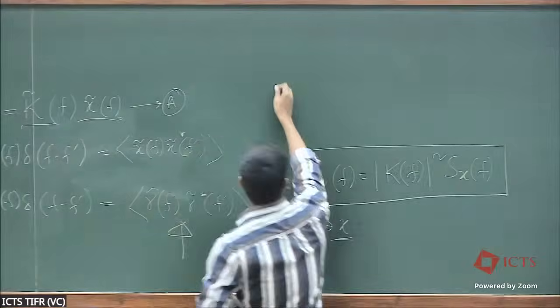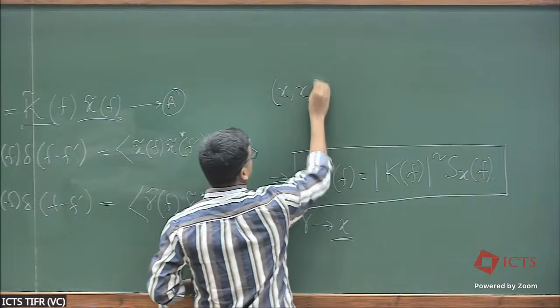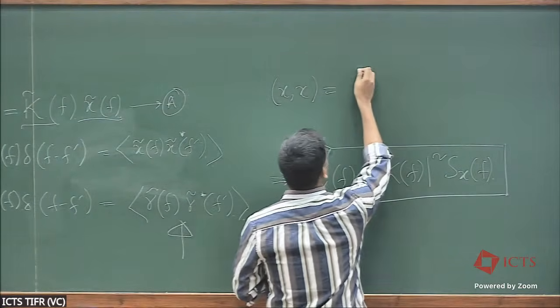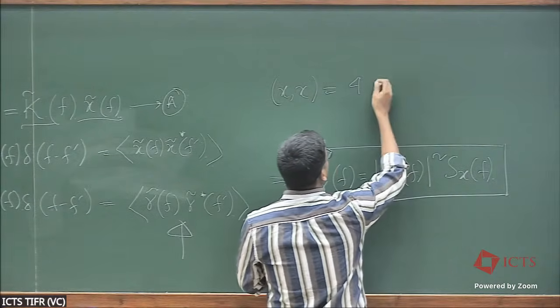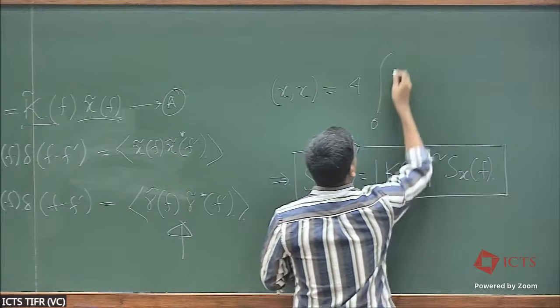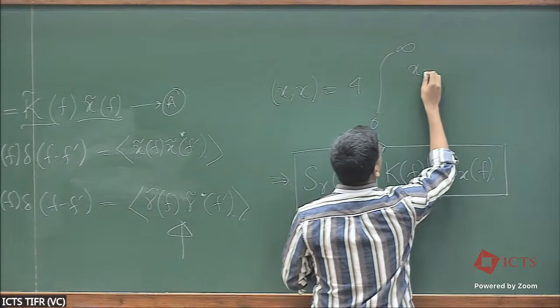So we have exponential minus x, x. We define that x comma x to be 4. We don't really need to put the real part because the modulus will be real anyway.